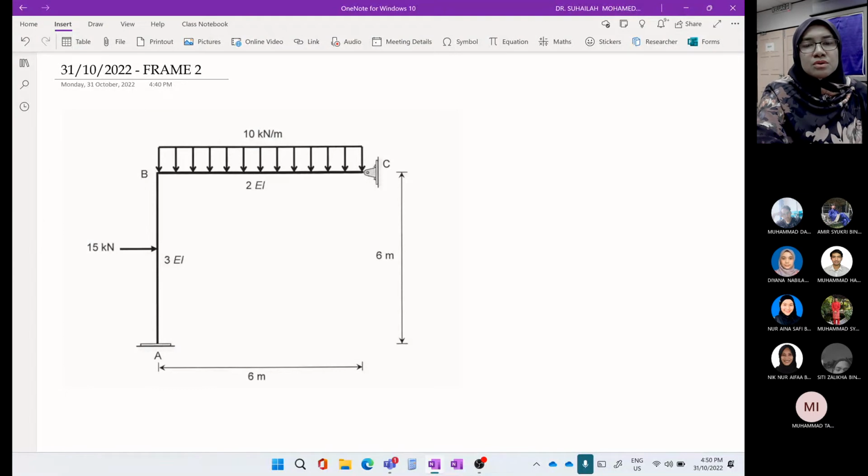We analyze determinate structures, and how many depends on the redundant. If we have one redundant, we have two determinate structures. If we have two redundant, we have three structures to be analyzed. That's the idea about the flexibility method.